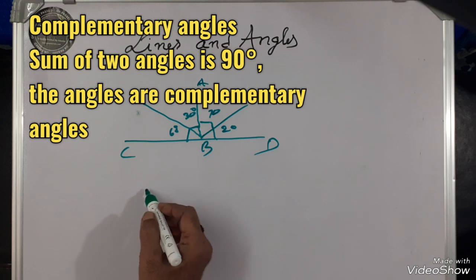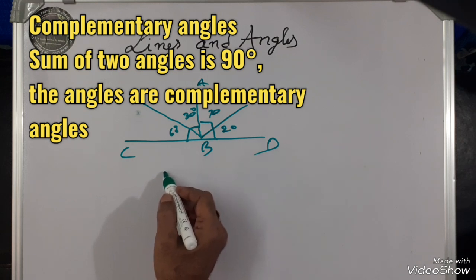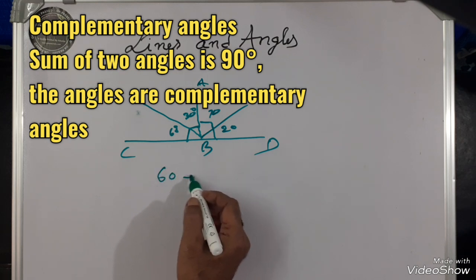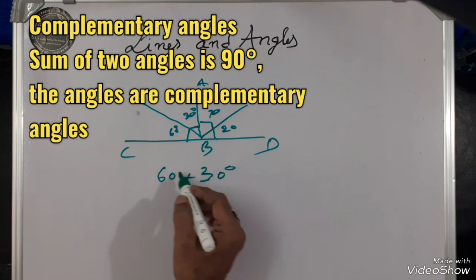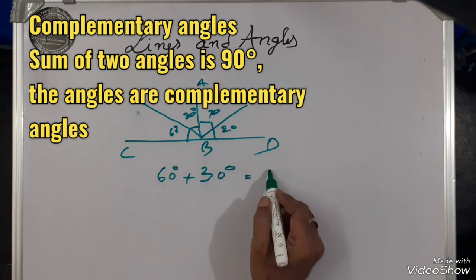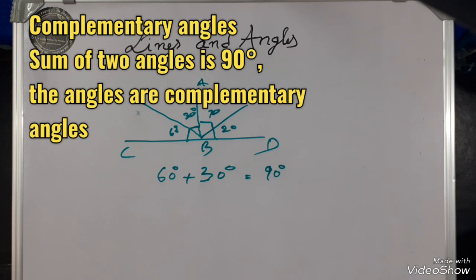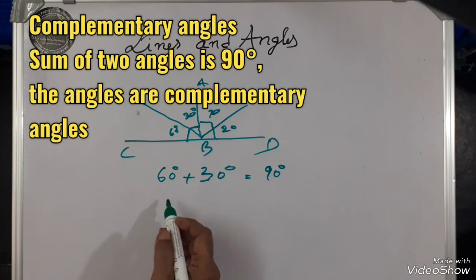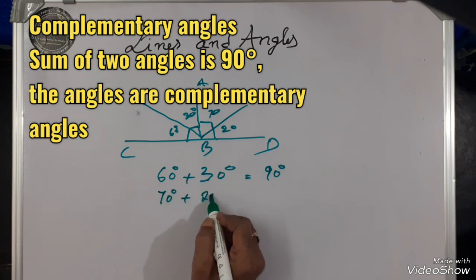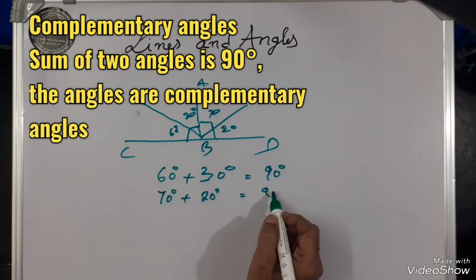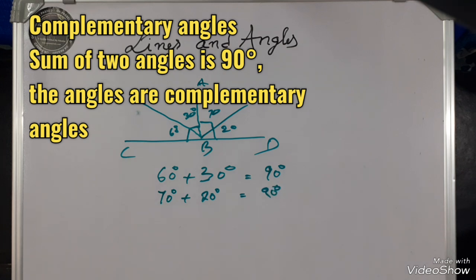So here, when two angles, 60 plus 30 degrees, equal 90 degrees, the angles are called complementary angles. So what are they called? Complementary angles. When the sum of two angles, for example 70 plus 20 degrees, equals 90 degrees, these two are called complementary angles.